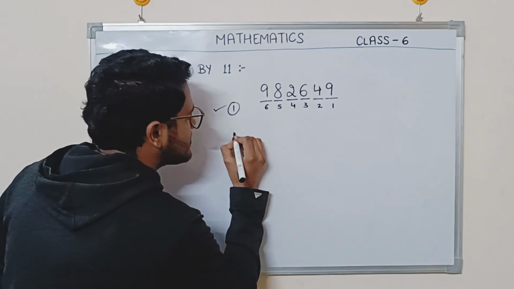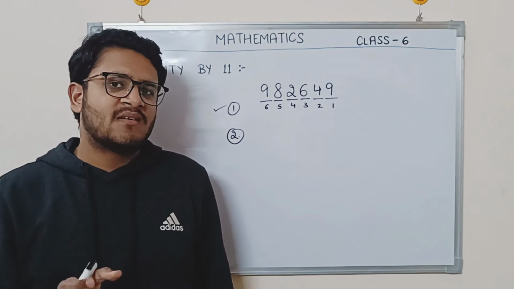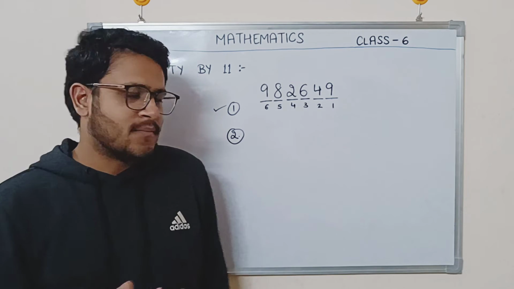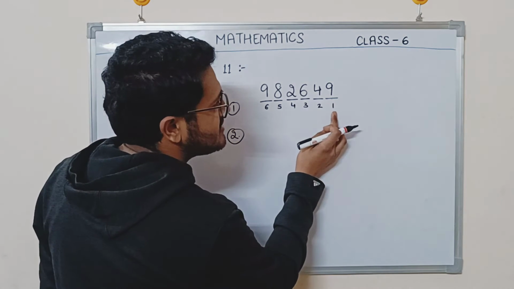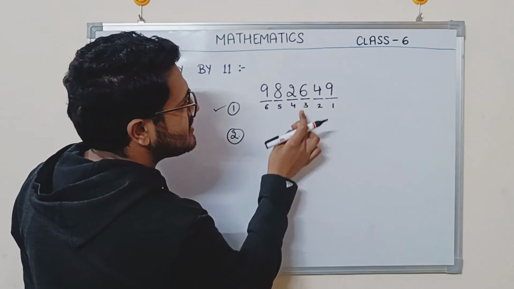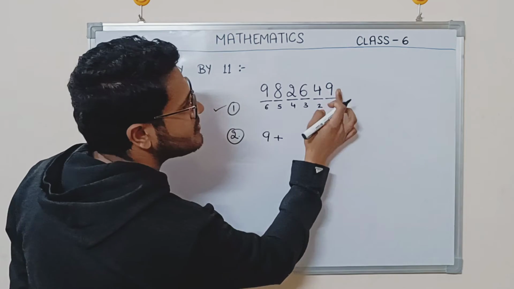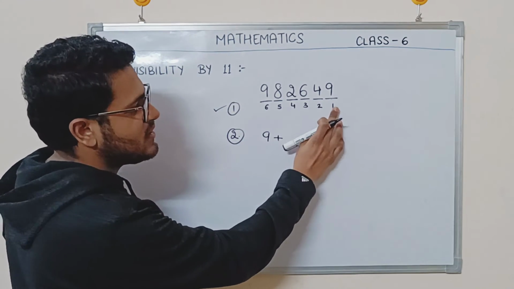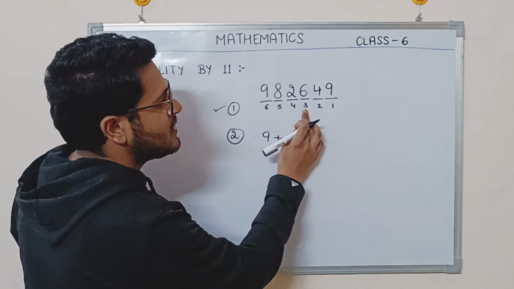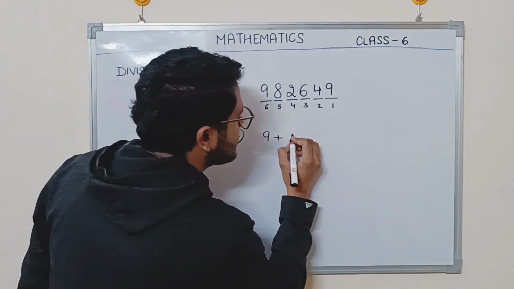Step number 2 is we will take all the digits at the odd places and add them. What are the digits at the odd places? At first place we have 9. At the next odd place, third, we have 6.